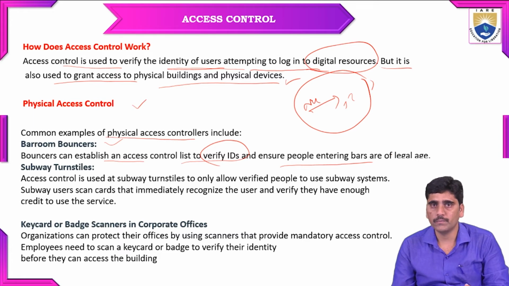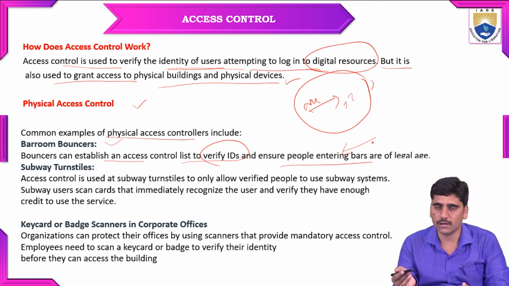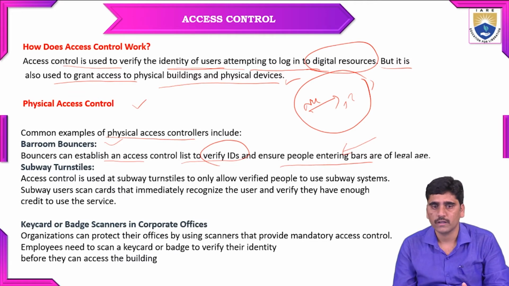When people are standing outside of bars, institutions, or cinemas, bouncers verify their IDs, or ticket IDs. If they are valid, the people can enter the bars, cinemas, or institutions. Those are physical access control types.